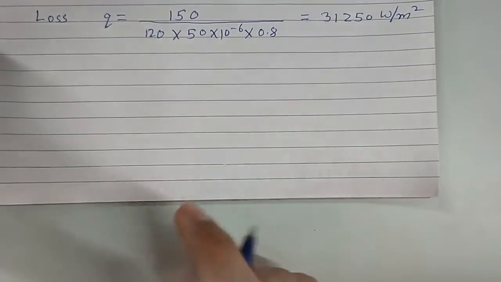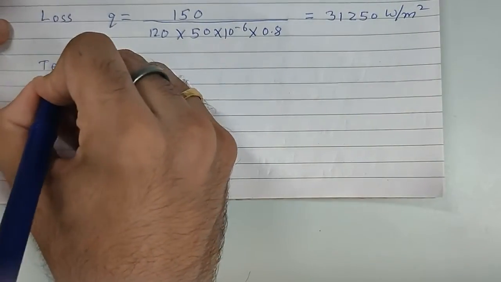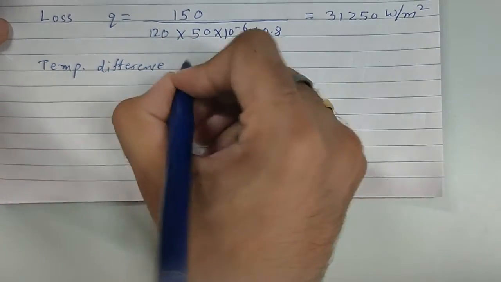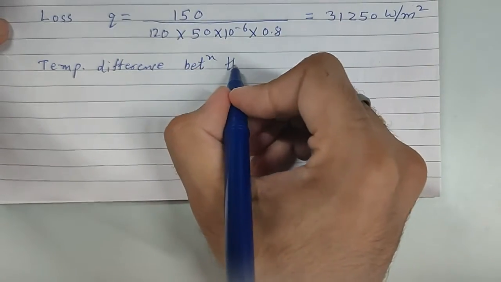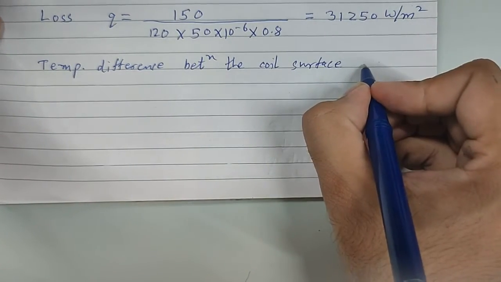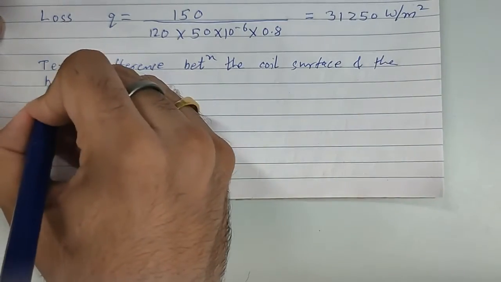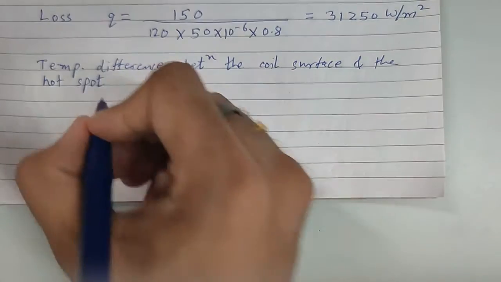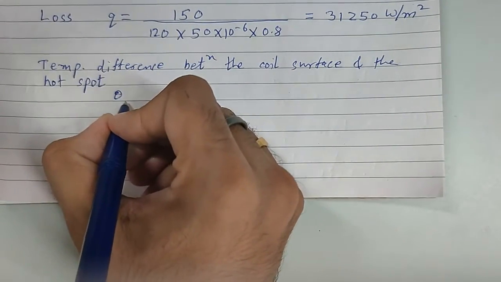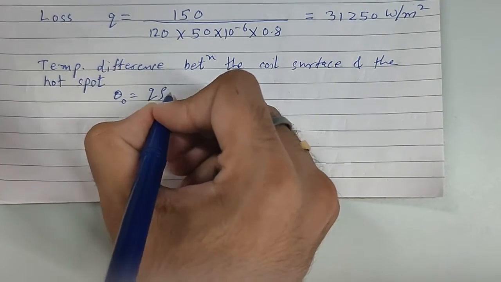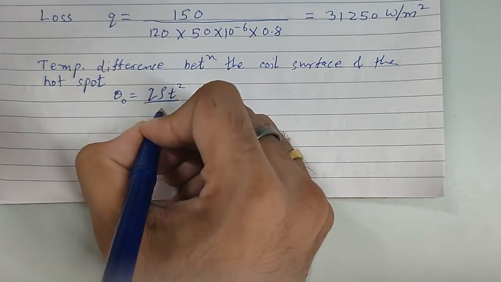The temperature difference between the coil surface and the hot spot is given by theta 0 is equal to Q into rho into T square upon 8.